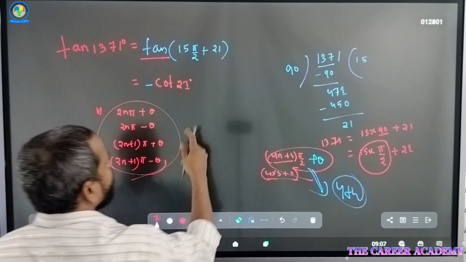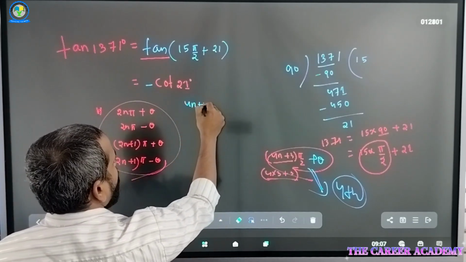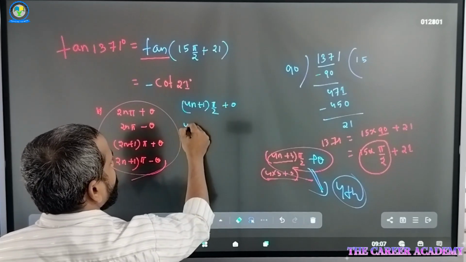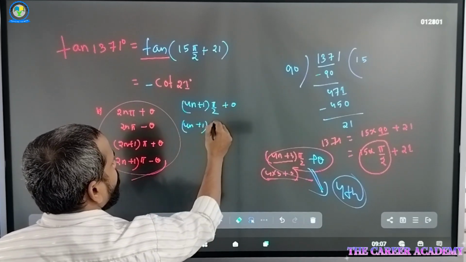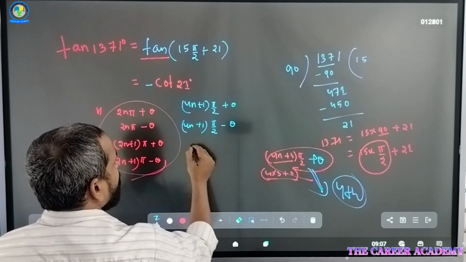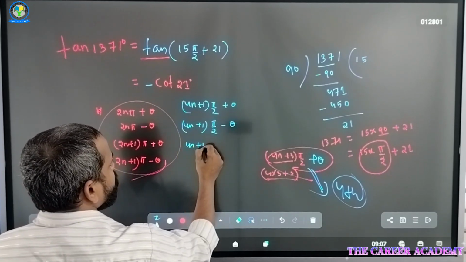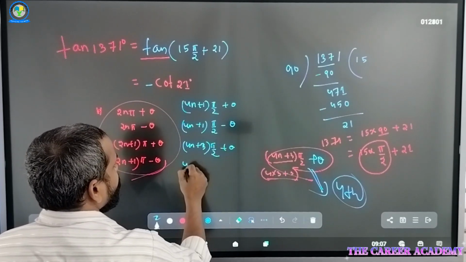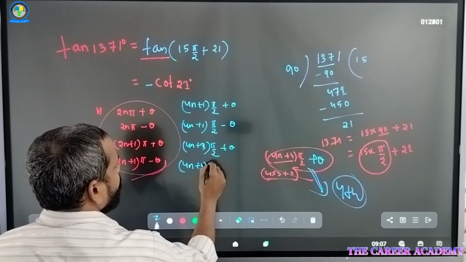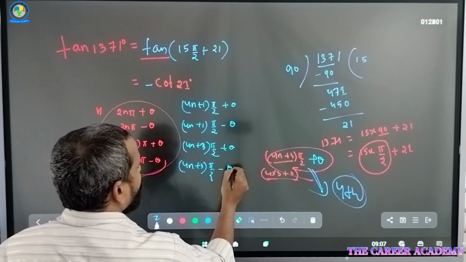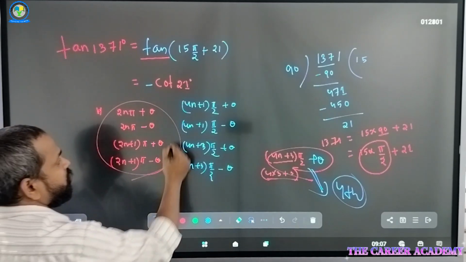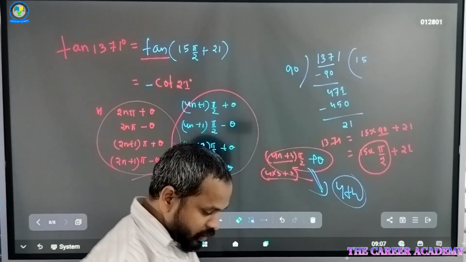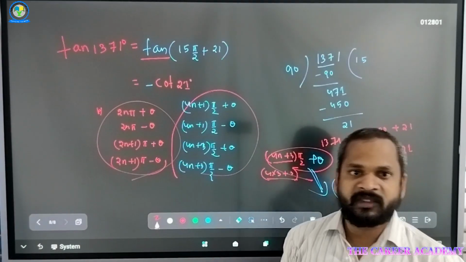Again, 4n plus 1 pi by 2 plus theta, 4n plus 1 pi by 2 minus theta, 4n plus 3 pi by 2 plus theta, 4n plus 3 pi by 2 minus theta. Clear? Based on these skills, we can solve this problem. Now you have cleared all these concepts. Thank you, students.